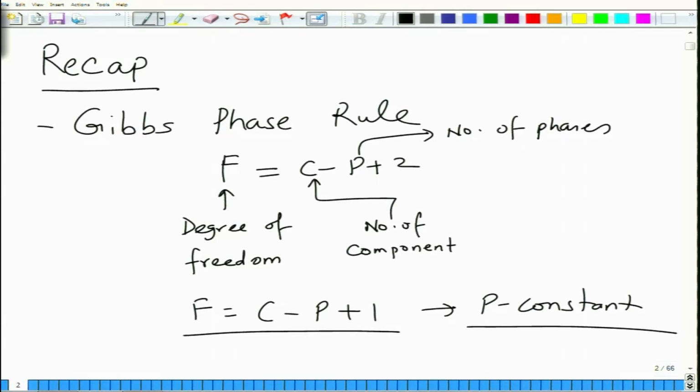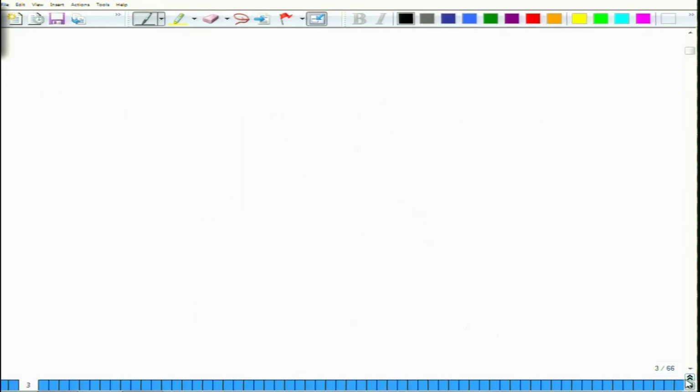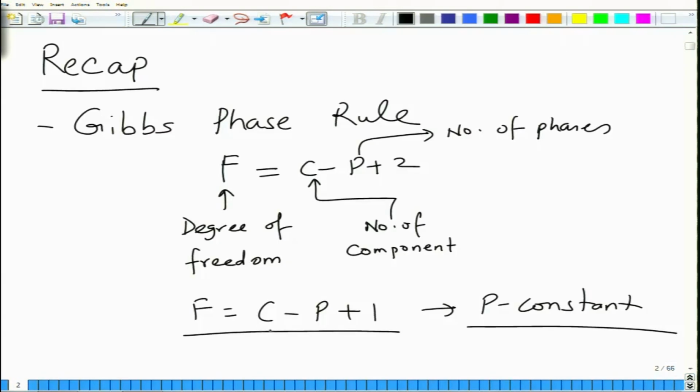This rule allows you to determine the number of independent variables that can be present depending upon the number of components and number of phases. We looked at the example of unitary systems for F equal to 0, 1 and 2.